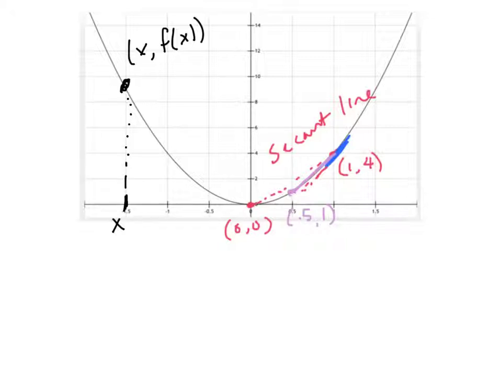Well, to find the slope, I then evaluate maybe another point really close. How close? Well, let's call it h units away. Let's call that h. So this is the x-coordinate x plus h. Well, then the point is x plus h and f of x plus h.